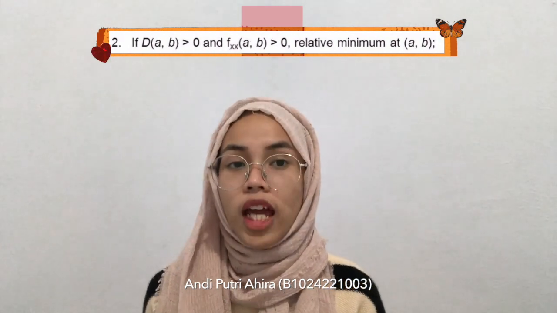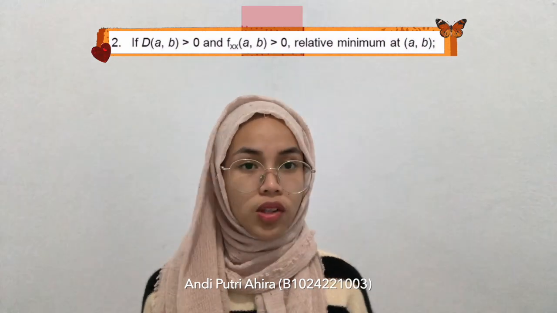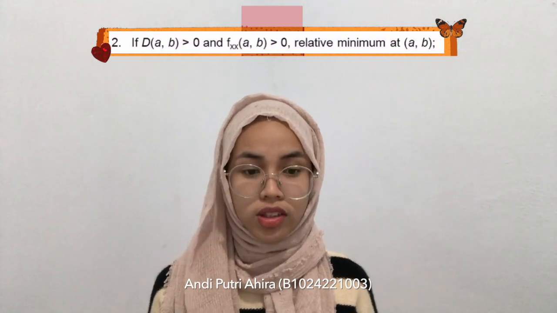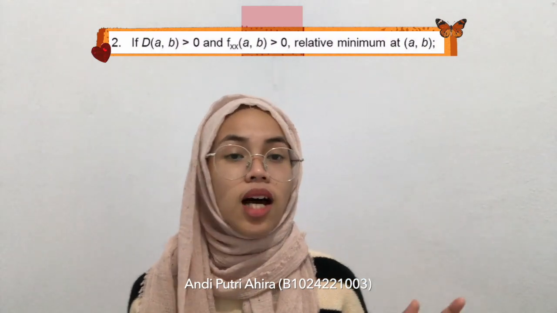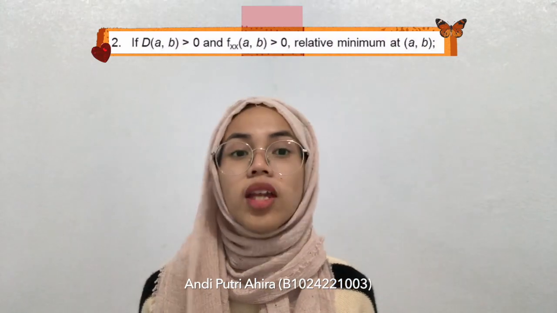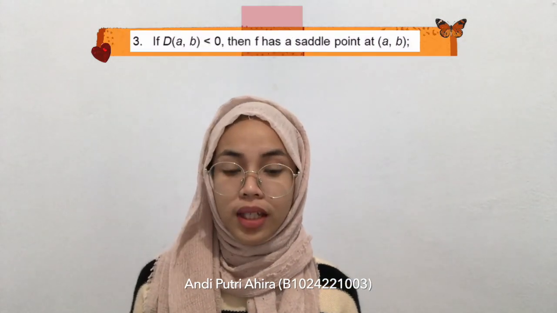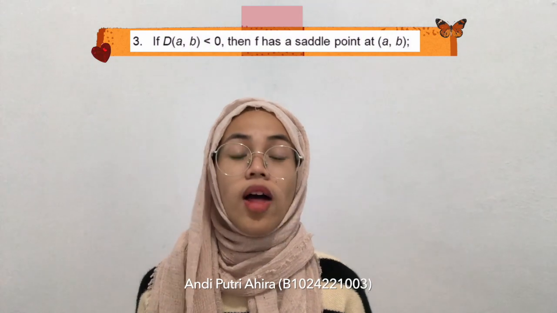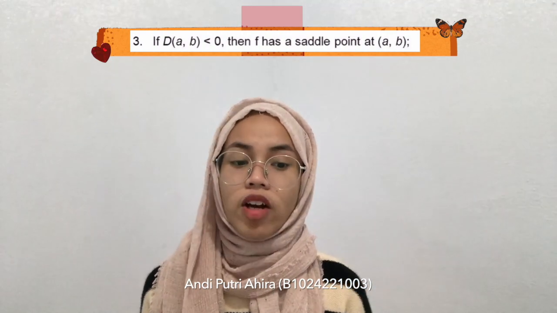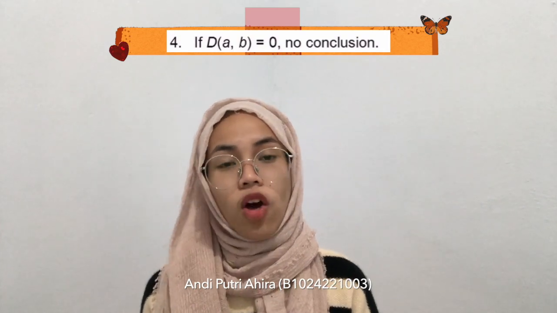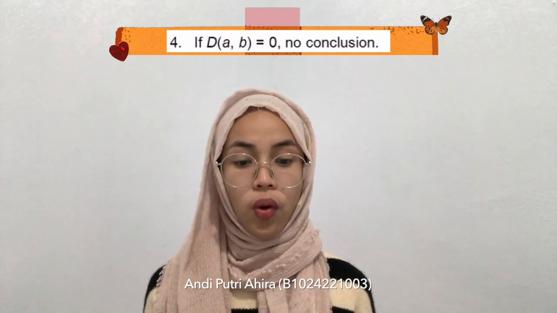If D of a, b is bigger than 0 and fxx of a, b is also bigger than 0, then it's a relative minimum point at a, b. If D of a, b is smaller than 0, then f has a saddle point at a, b. And if D of a, b is equal to 0, then there is no conclusion.